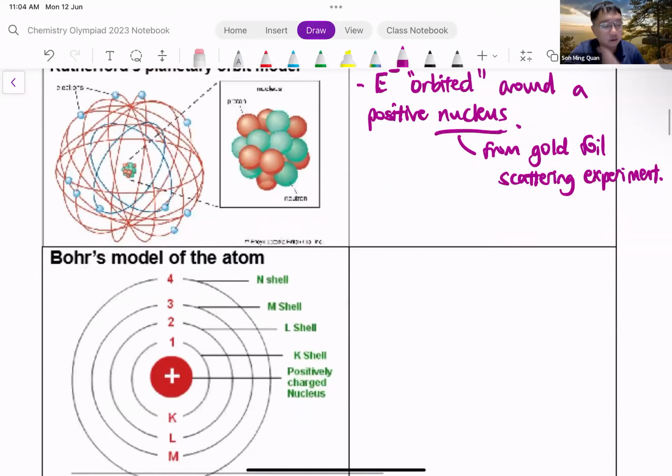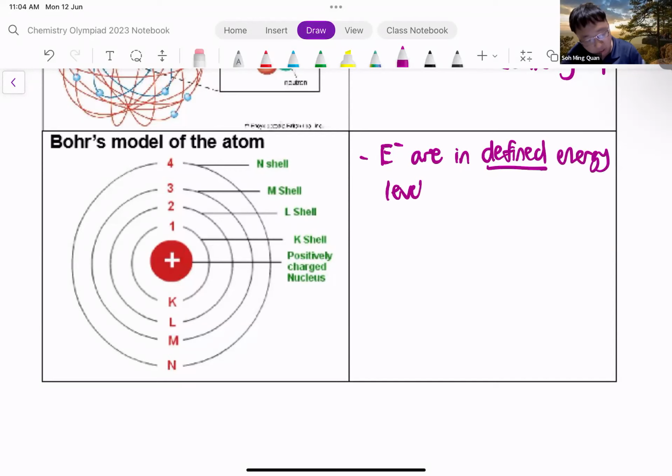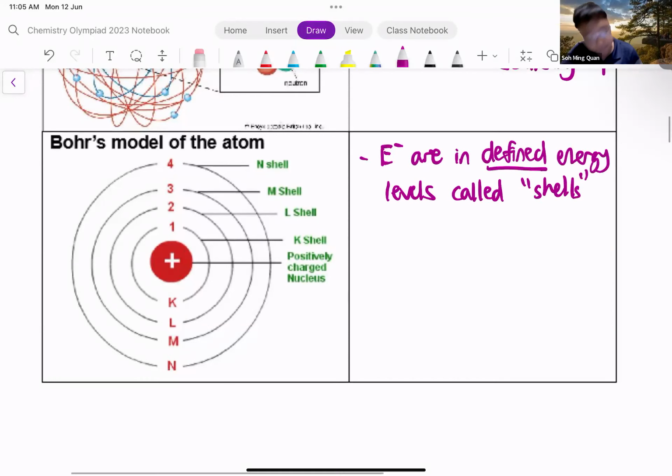Next, we have Bohr's model of the atom. Now, this is close to whatever you are doing today, where electrons are in defined energy levels called shells. So the electrons aren't just in orbit. These electrons are always in defined energy levels.